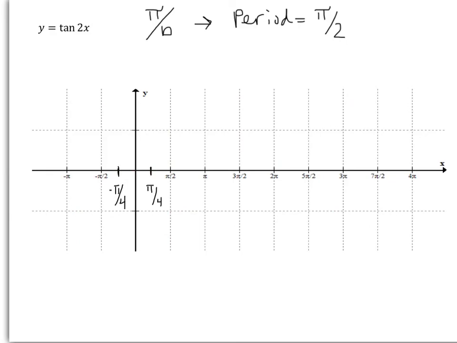If I'm going to continue, this would be 3 pi over 4. Here's 5 pi over 4. And that also continues negatively. So the asymptotes are going to be in these locations.